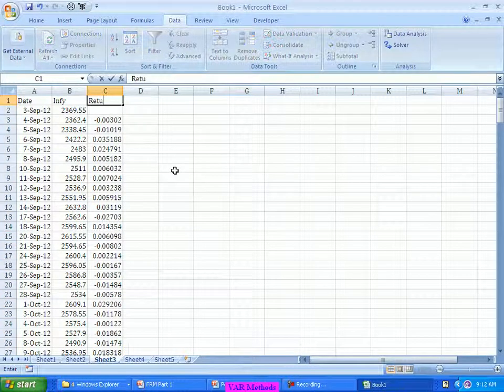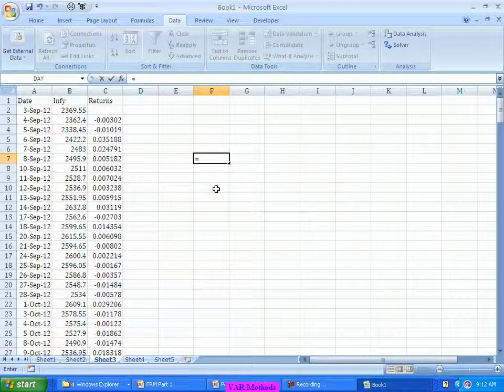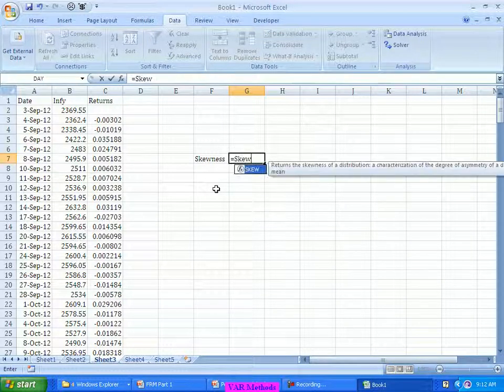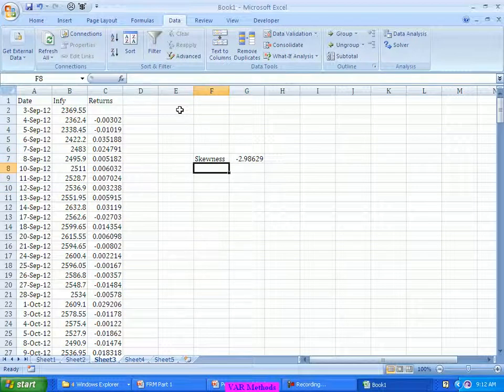Now I am assuming here, to use the VAR, that the returns are following a normal distribution. I can probably check also whether they are following a normal or not. Probably using skewness, I can find out whether the returns are following a normal distribution or not. They are not. So there could be a couple of outliers in our data or something, which are not making our returns follow a normal distribution.